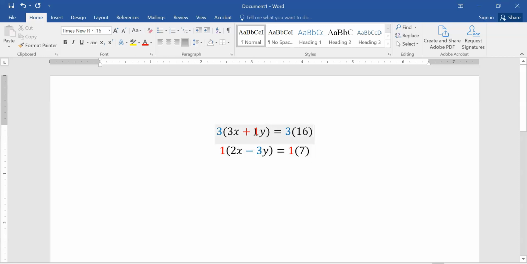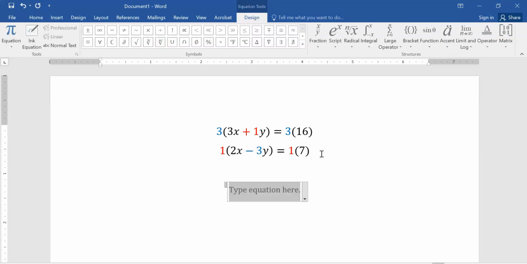Again, we want to change one of the signs. So this was a +1 and this was a -3. We needed to change one of the signs. It's usually easier to change the -3 to a positive. Again, if that doesn't make sense, we can go back and do another one after this.